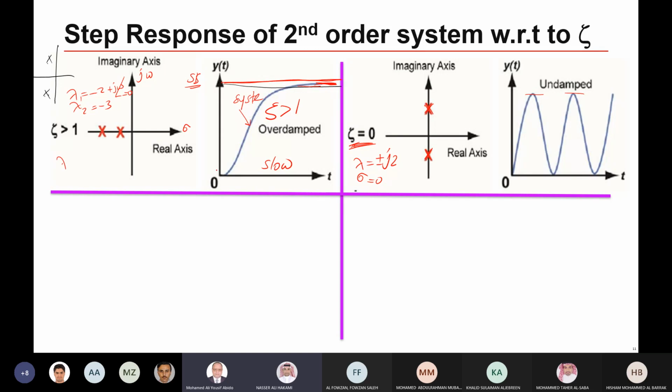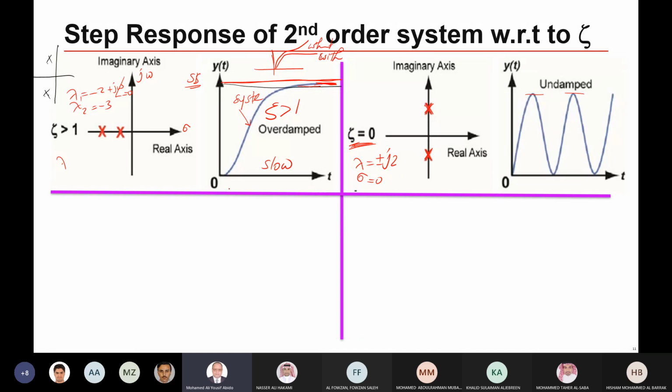If you have a controller here and you designed it, probably the system without the controller was unstable, for example. This is without. With it, you have a stable system. This is the system response. Whether you have a controller or you don't have a controller, it doesn't matter.